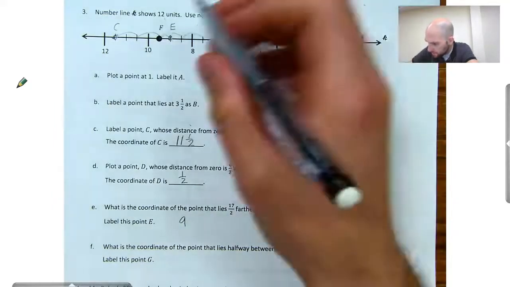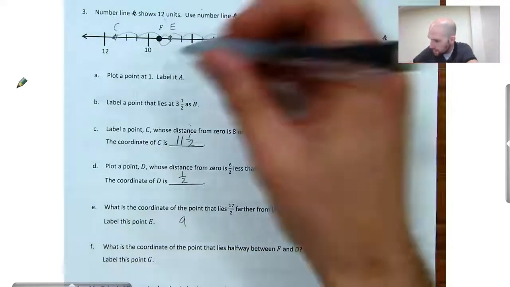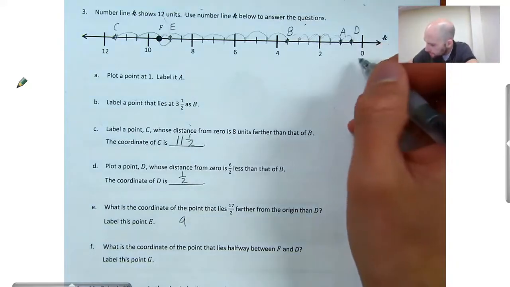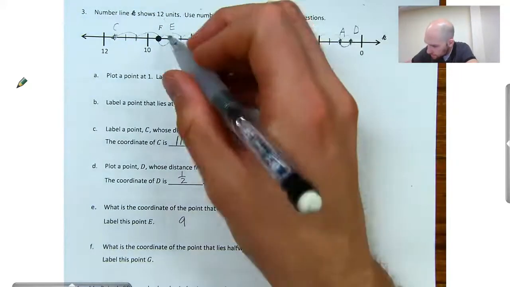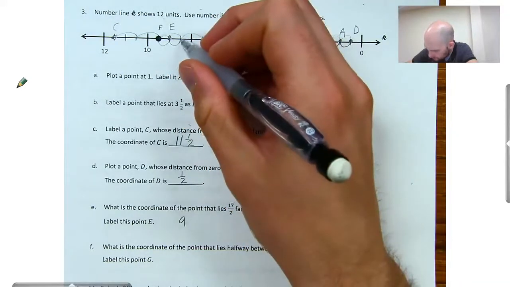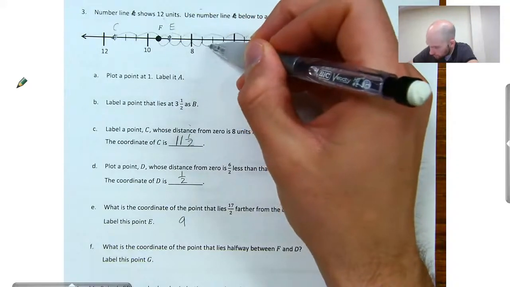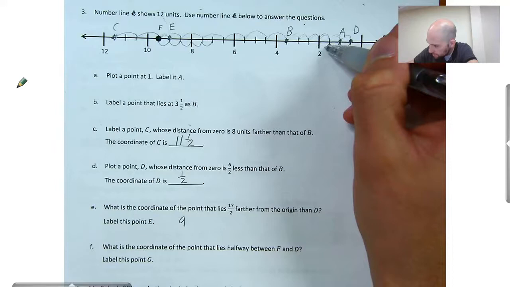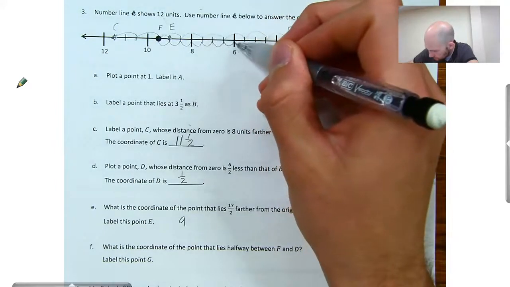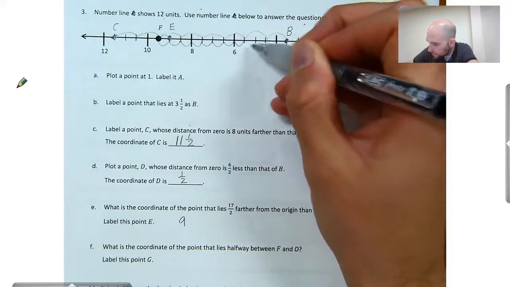I'm going to use the bottom here so that I don't mistake my jumps on the top for my jumps on the bottom. 1, 2, 1, 2, 3. 1, 2, 3. 1, 2, 3.